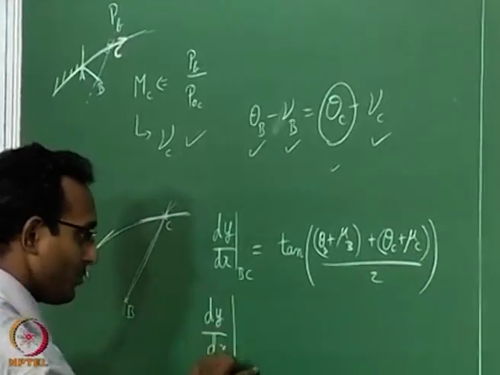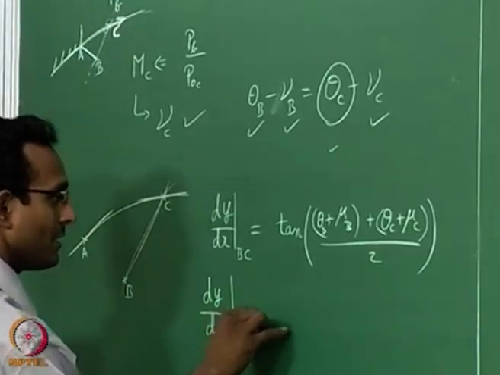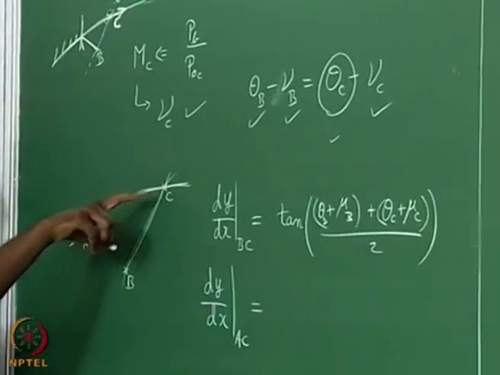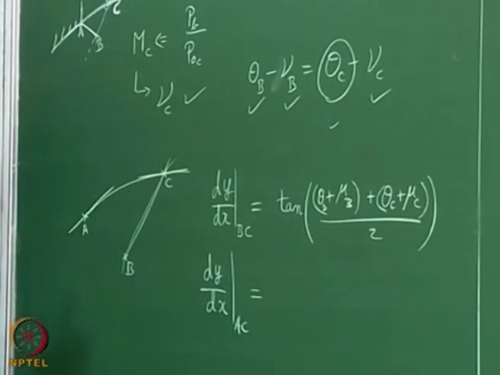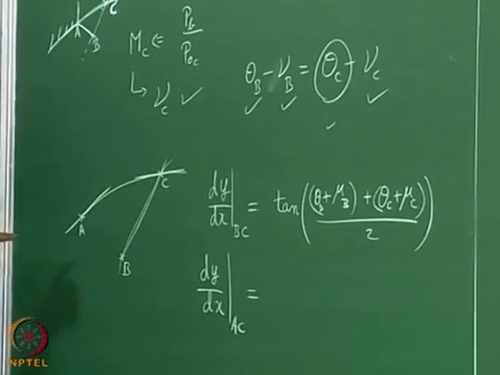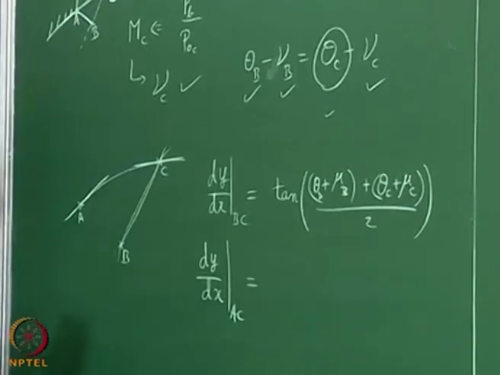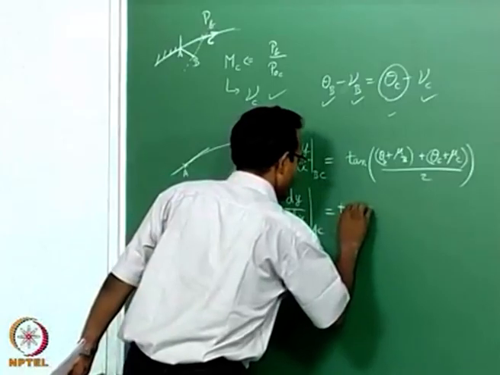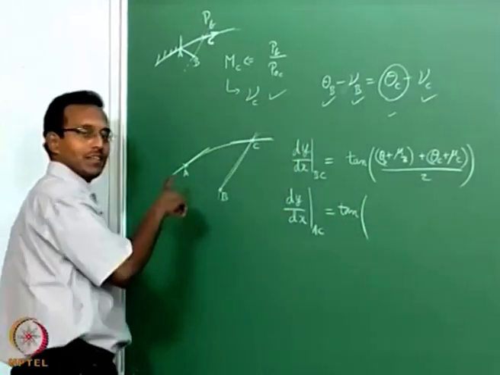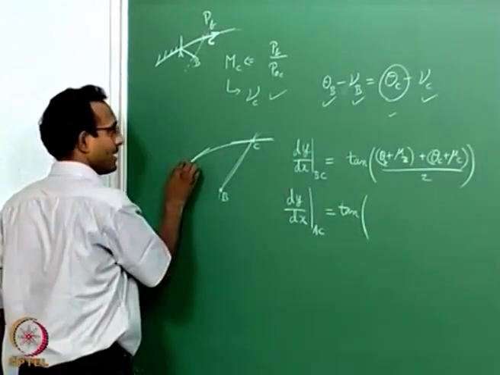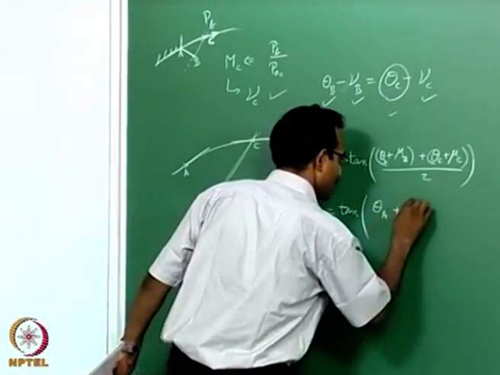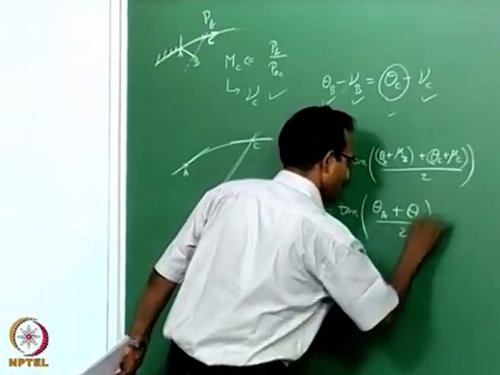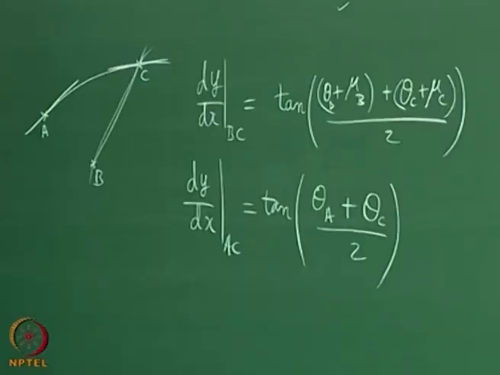Dy by dx for AC: remember that AC is not a characteristic line, it is a streamline. So it will go only with theta values, it will not go with theta plus mu or theta minus mu. Because of that, I will again do the averaging: here it is theta A, there it is theta C. So it is tan of theta A plus theta C by 2, this is all it will be.